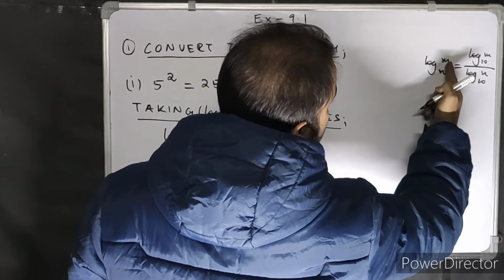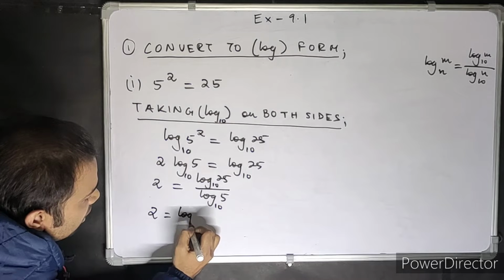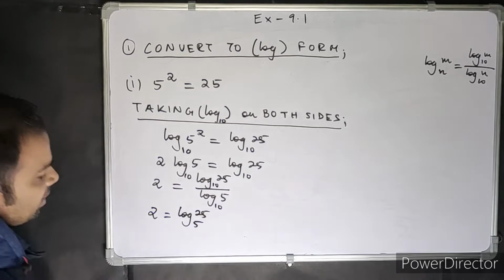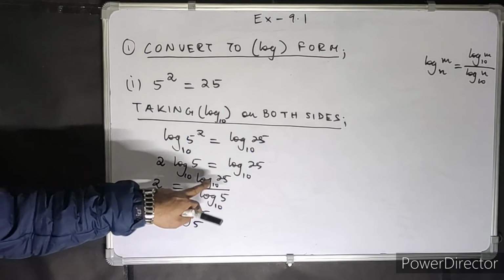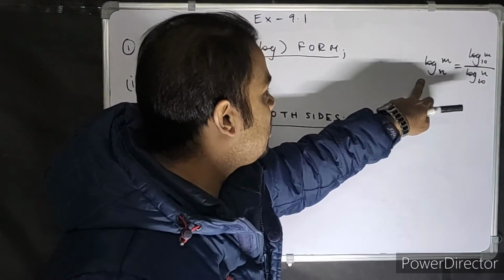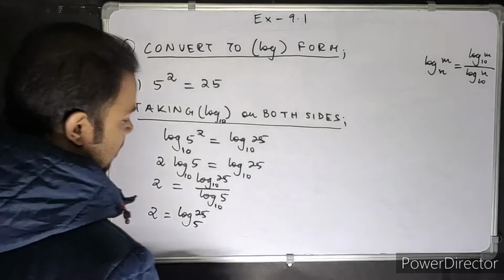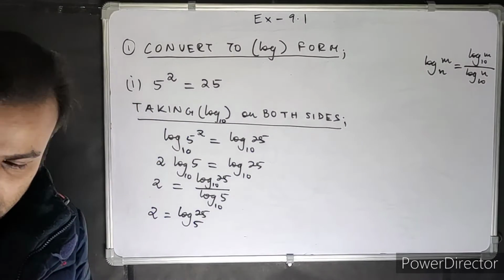Now what happens? This can go back to log m base n, so that's m and the 5 is n. So what will you write? Log 25 base 5. So you see how it changes back. Both of them are equal to each other. So this will change to this and this will also change back to that. Now it's in the log form. Finished. This is your answer. Let me just match this.